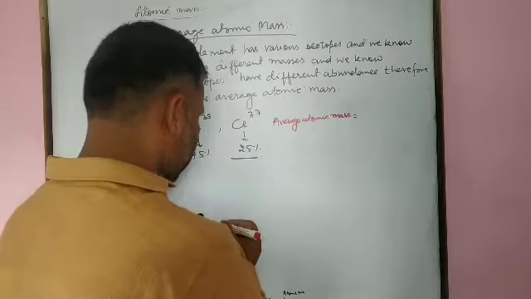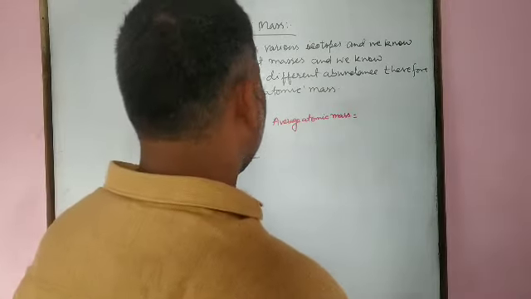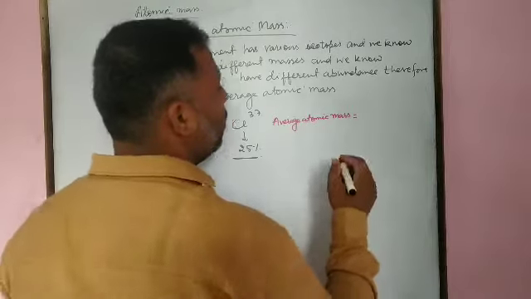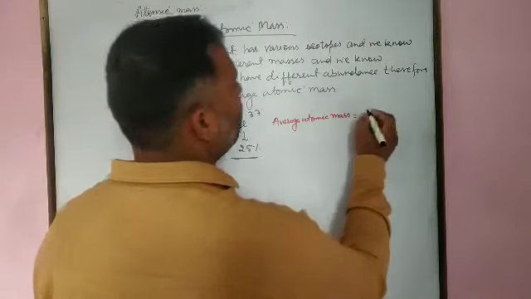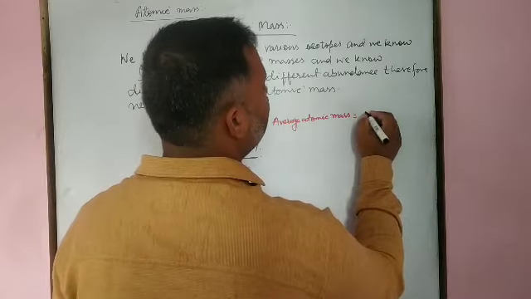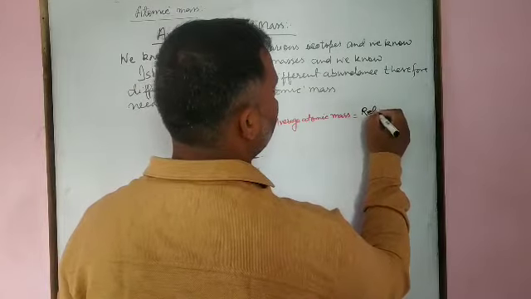is equal to what we do? Chlorine 35. That means what we write?